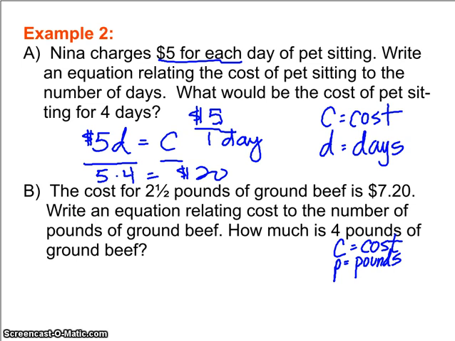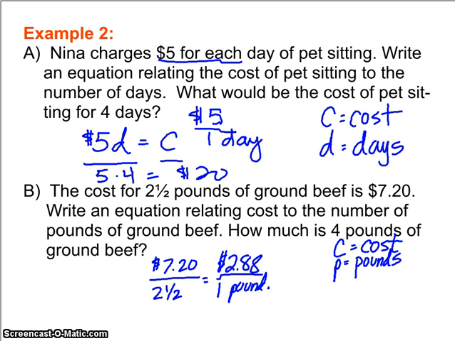So again, we don't know the total cost, and pounds is something that is somewhat of a variable. So we go through and take a look at the information we're provided. Cost on top, we know it costs $7.20 for 2.5 pounds. So if you do the math, we'll find the rate for 1 pound. So $7.20 divided by 2.5, you're going to get $2.88 per 1 pound.